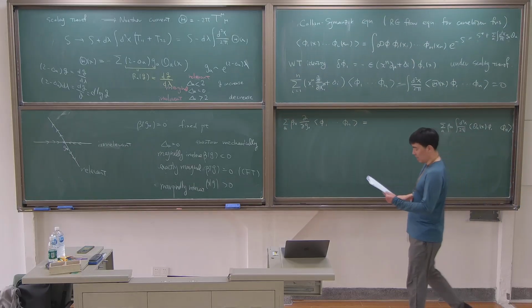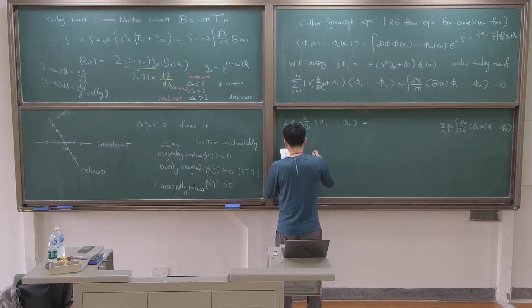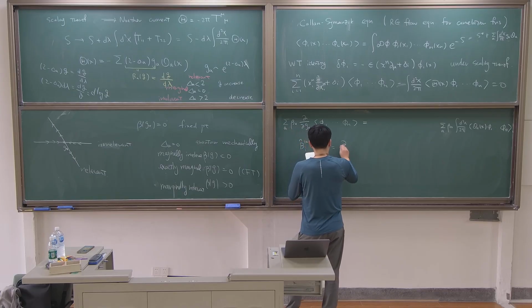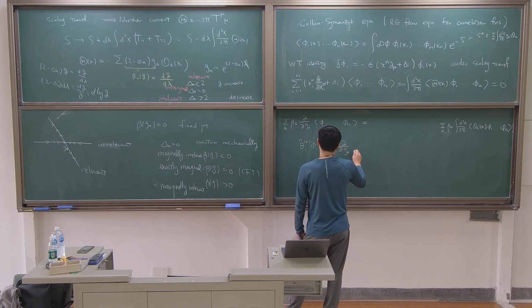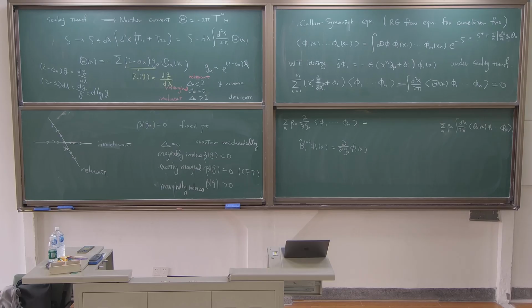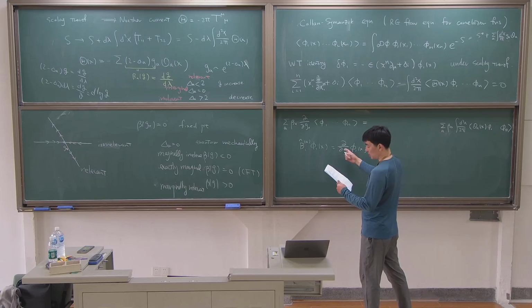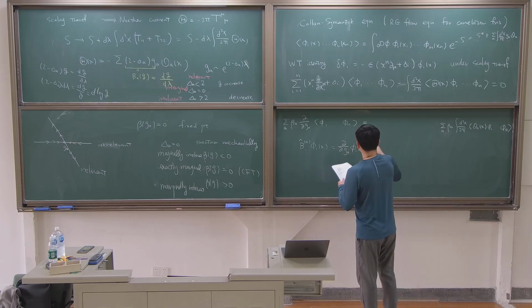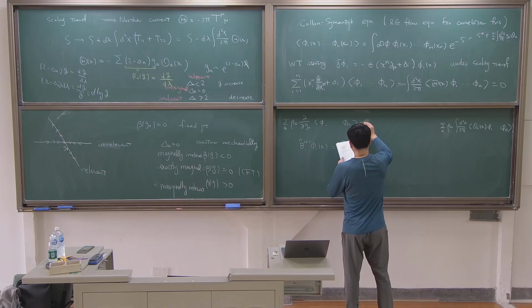On the other hand, quantum mechanically, this phi i of x may have a dependence on g_A, so I call it B. If you consider that, quantum mechanically phi can depend on g, so this one will give you the following term.